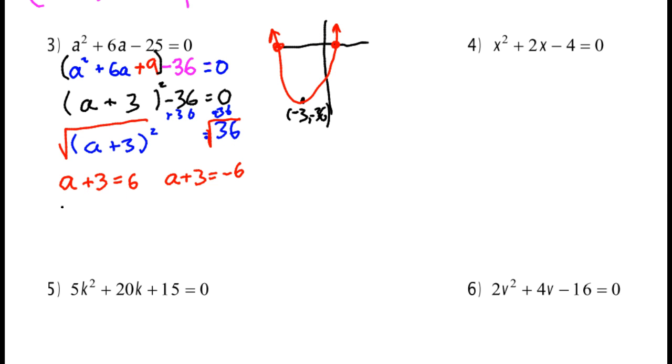Alright, so we have a is equal to 3. Alright, so there's 1, 3. And then a is also equal to -9.